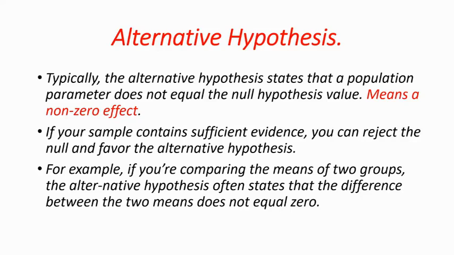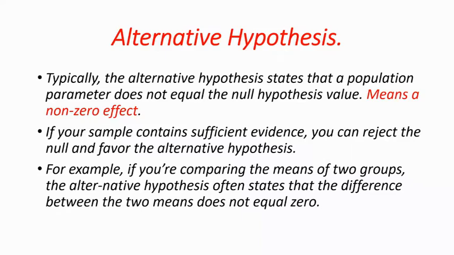Typically, the alternative hypothesis states that a population parameter does not equal the null hypothesis value, meaning there exists a non-zero effect. That means there exists an effect of that particular treatment. Clear? So we keep our interest in the alternative hypothesis. That means what we are expecting is rejecting the null hypothesis.